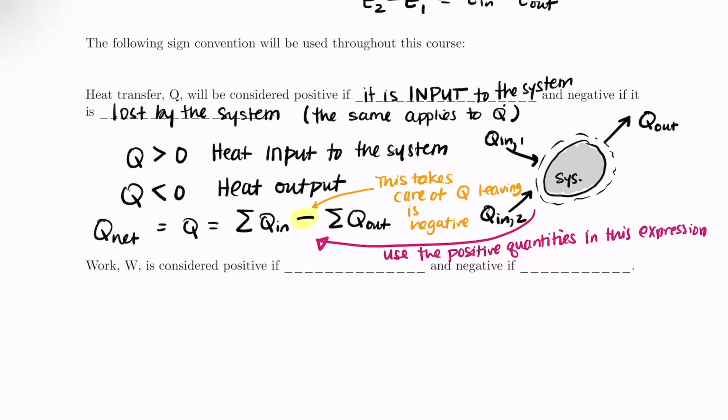Work is considered positive if it is output by the system. And it is negative if input to the system.